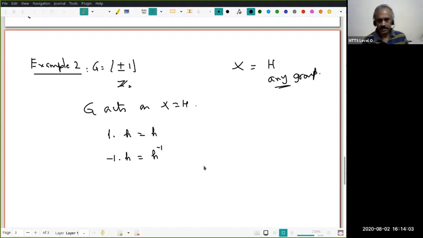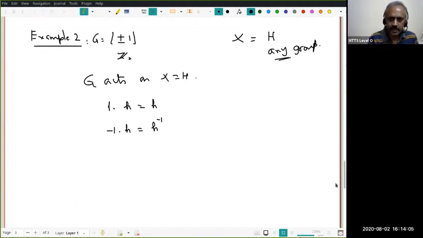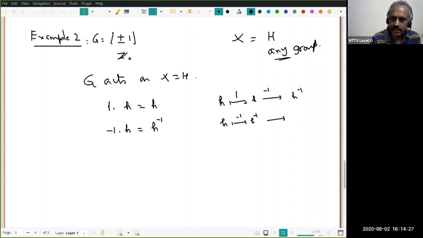Yes? Okay. Now, is it a group action? What do I have to check? Luckily, there are only two elements. Therefore, what are the possibilities? I have to check h going to 1, that will be h, and that going by -1 to h inverse. The other way around, h going to -1, that is h inverse, and that again by -1, that is h inverse inverse, which is equal to h.